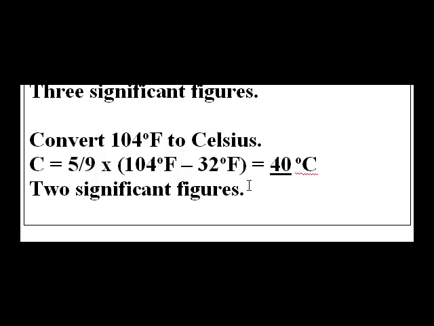That's all it's going to give you. But notice we start out here with three significant figures, and then we subtract a two-significant-figure number, and then we multiply by an exact number, 5/9. Then we have to round to the last significant figure because we're doing a subtraction, and so we come up with 40. It's not 41, it's not 39, it truly is 40.